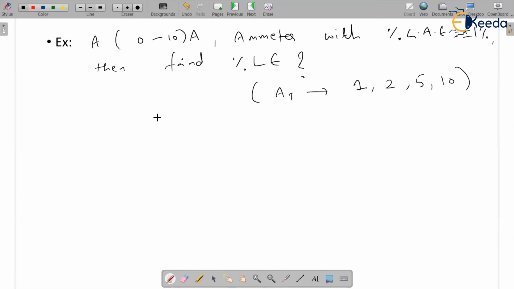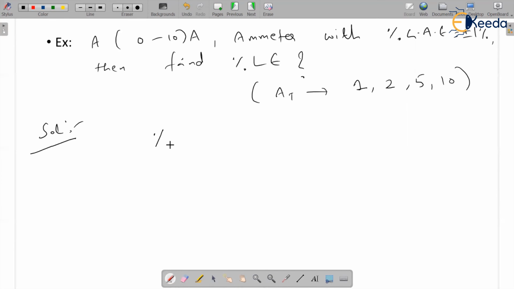First, what is our formula here? Let's start the solution.